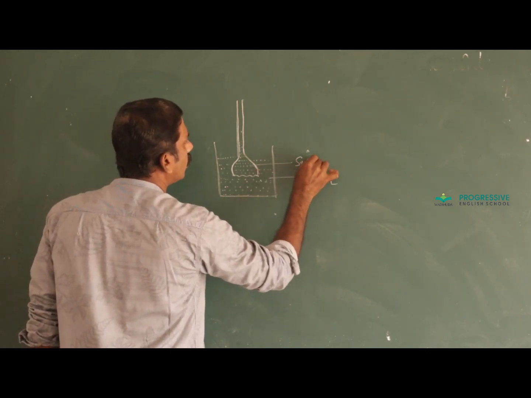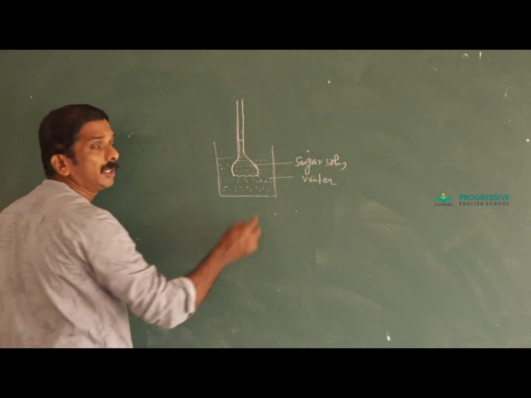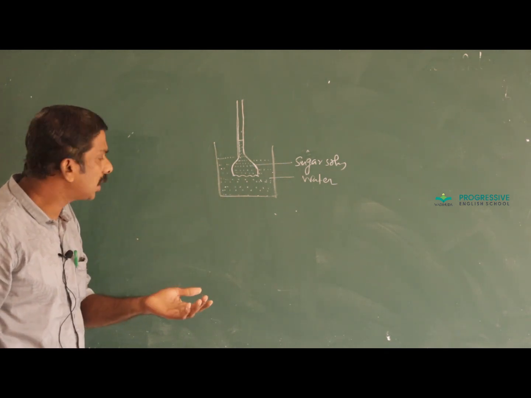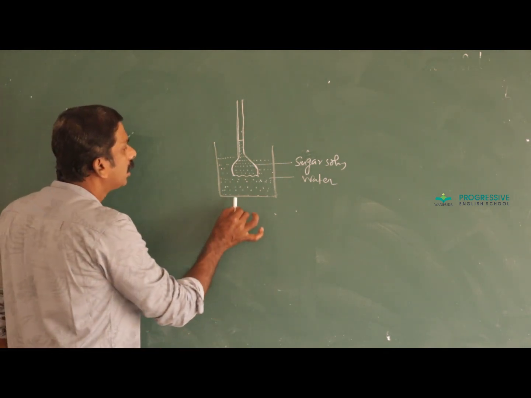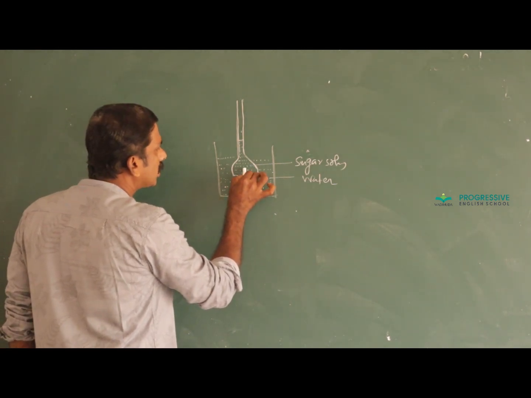Here is the sugar solution. Suppose this represents the initial level of sugar solution in the thistle funnel. And after some time, you can see that water passes through this membrane.